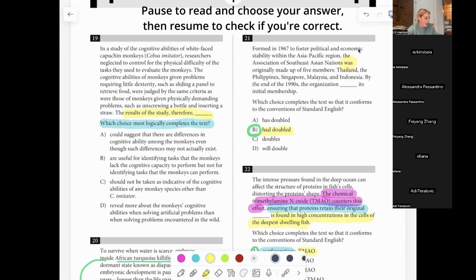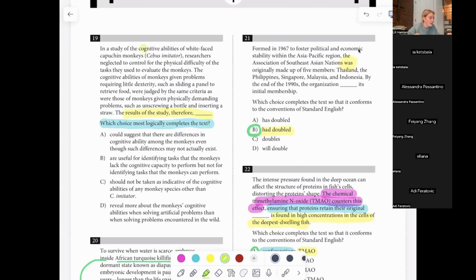So let's go through what's happening in the study. Researchers were giving these monkeys tasks to evaluate their cognitive, their thinking abilities, right? But the researchers didn't account for the fact that some of the monkeys were being given really simple, easy tasks like opening a hatch, and other monkeys were being given difficult tasks like unscrewing a bottle and putting a straw in it.